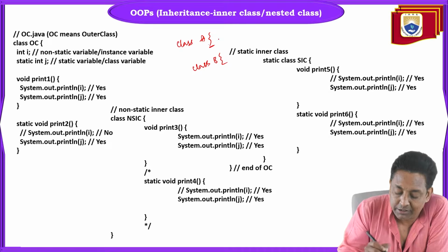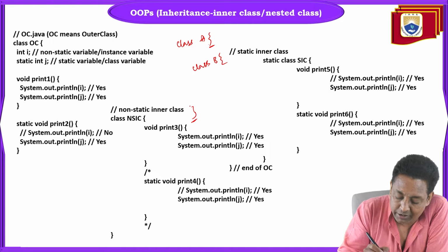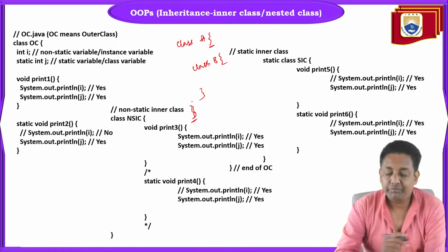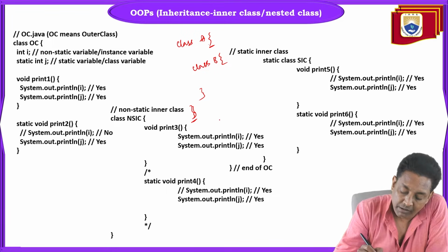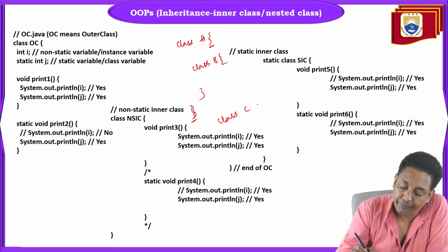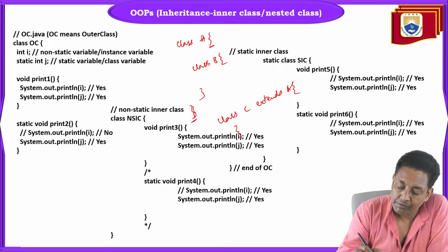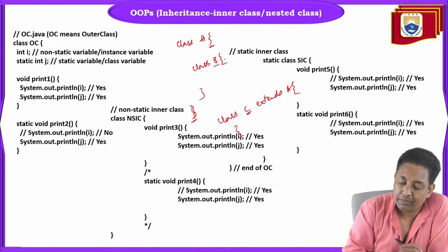Class A started here, its body ended here. This is the class A body. Class B we started here and ended here. Class C extends A. How is C different from B?